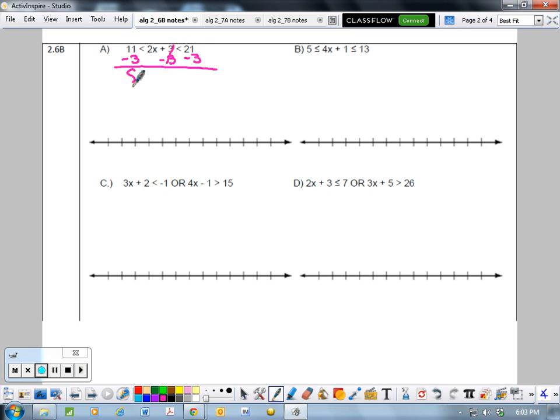Now I have 8 is less than 2x is less than 18, and then I divide everything by 2. So then I get 4 less than x less than 9. Hey, it's just like our sample problem. On my number line, I'm going to have a 4, 5, 6, 7, 8, 9, and I'm going to have open dots, and we're looking at where they overlap.